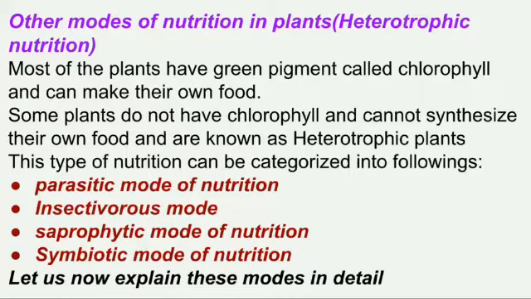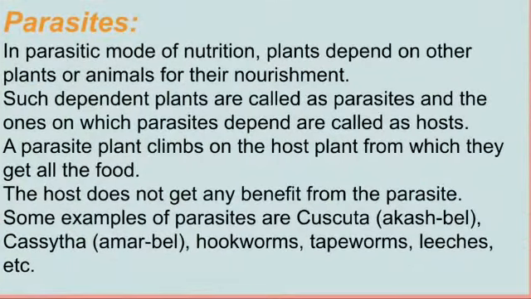So this type of nutrition can be categorized into the following: parasitic mode of nutrition, insectivorous mode of nutrition, saprophytic mode of nutrition, and symbiotic mode of nutrition. So let us now explain these modes in detail. First is the parasitic mode. In the parasitic mode of nutrition, plants depend on other plants or animals for their nourishment.